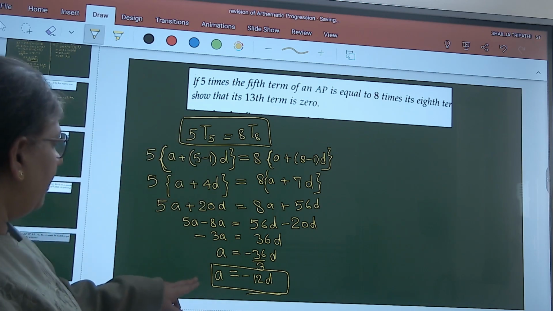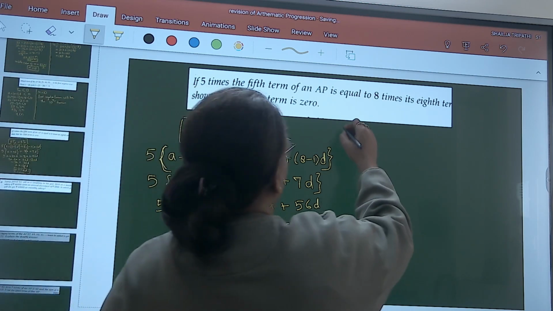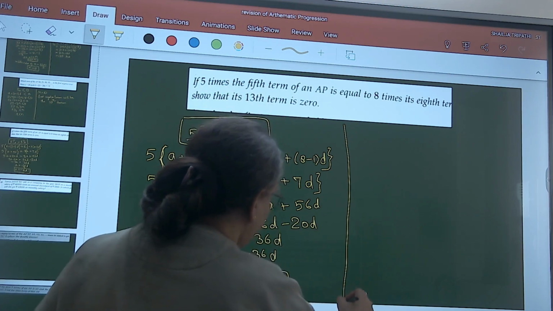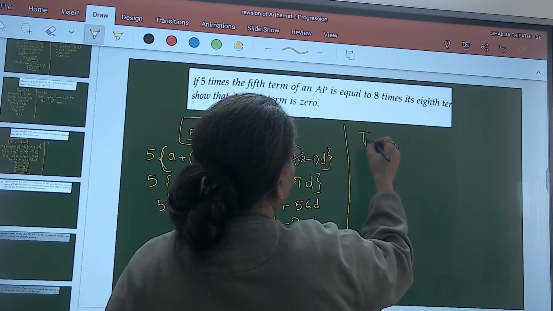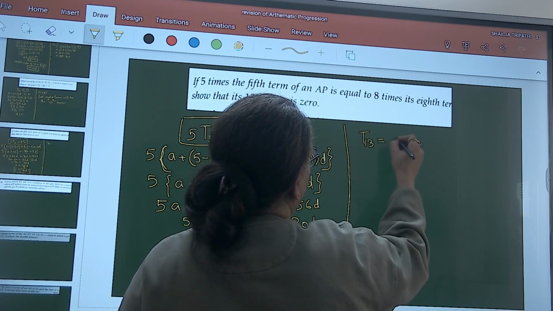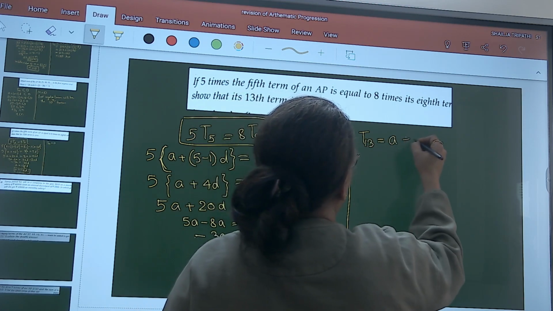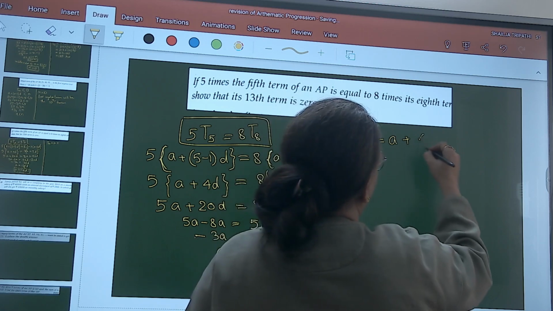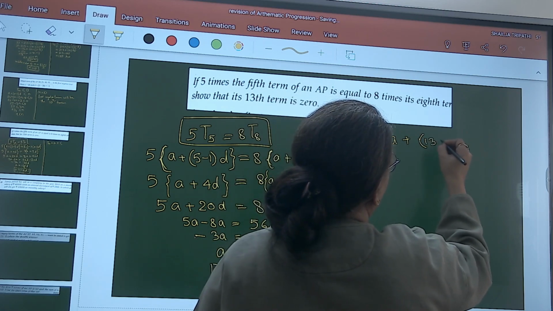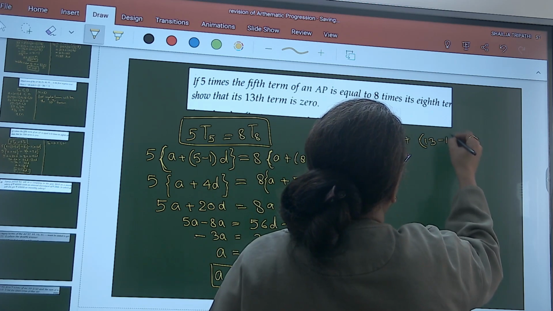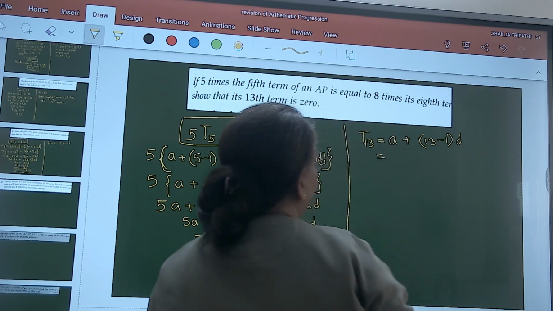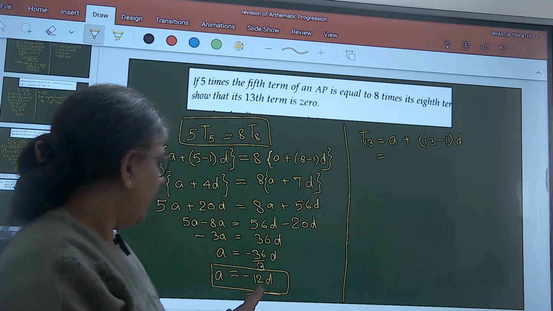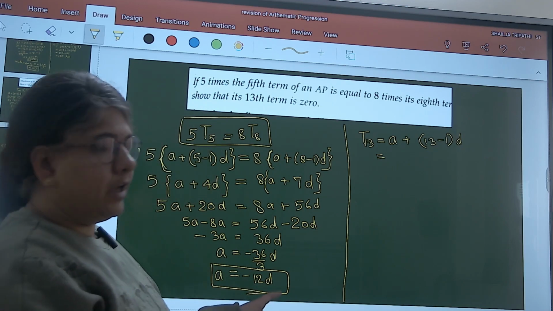Now we'll take help of this relationship. Then we find T13. Again, this is equal to a plus (13 minus 1)d. So let's write, we can replace a with minus 12d.